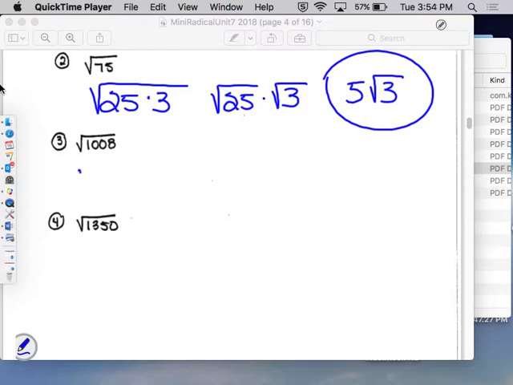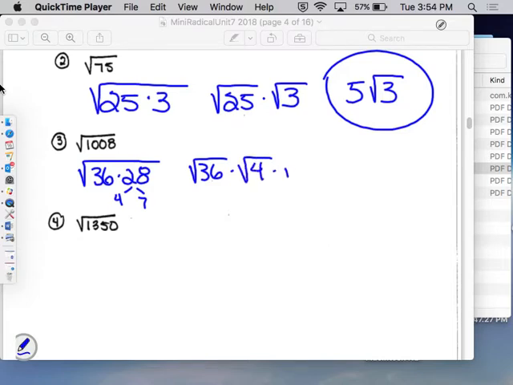Okay, so 1008 is 36 times 28. 36 is a perfect square, so I know I'm going to have the square root of 36, and then I can think of 28 as 4 times 7, looking for its perfect square factors. So I have the square root of 36 times the square root of 4 times the square root of 7. So that's going to be 6 times 2 times radical 7.